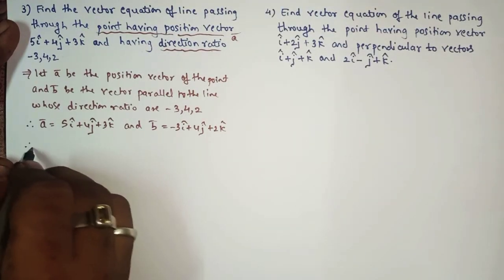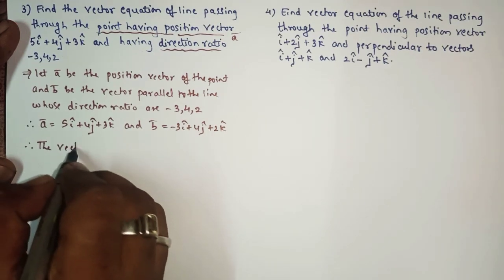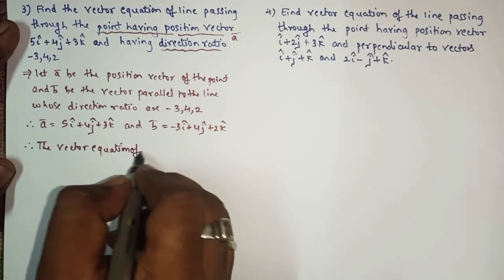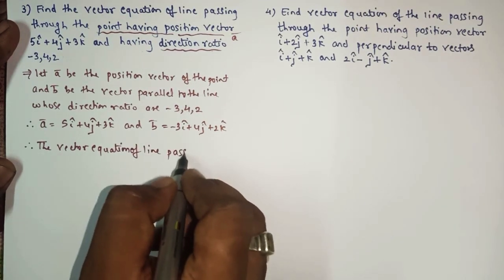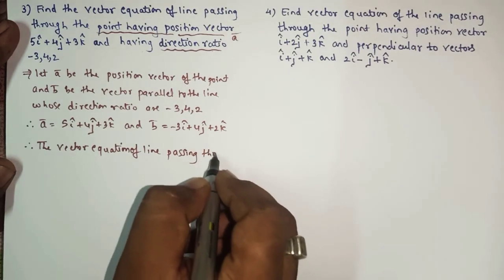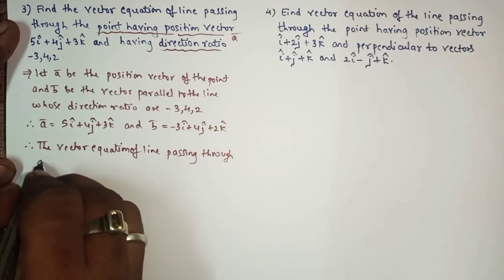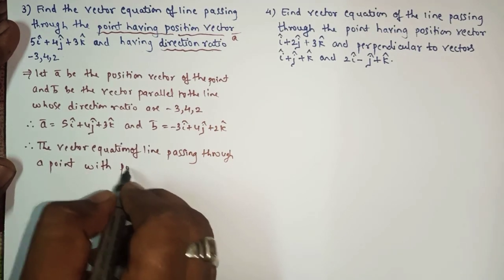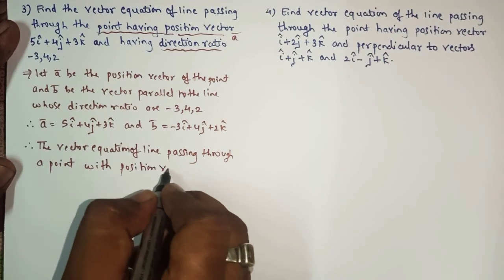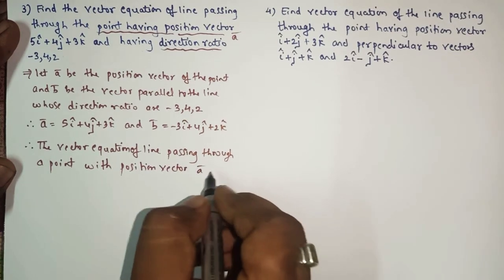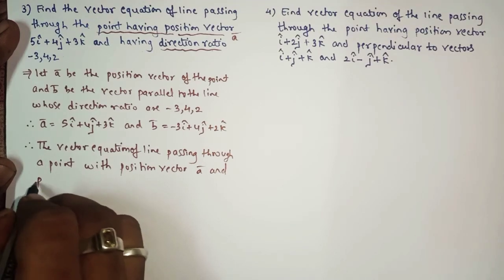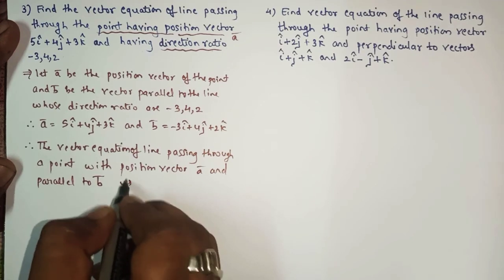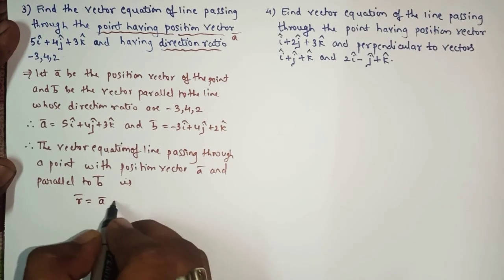So therefore the vector equation of the line passing through a point with position vector A bar and parallel to B bar is R bar equals A bar plus lambda B bar.